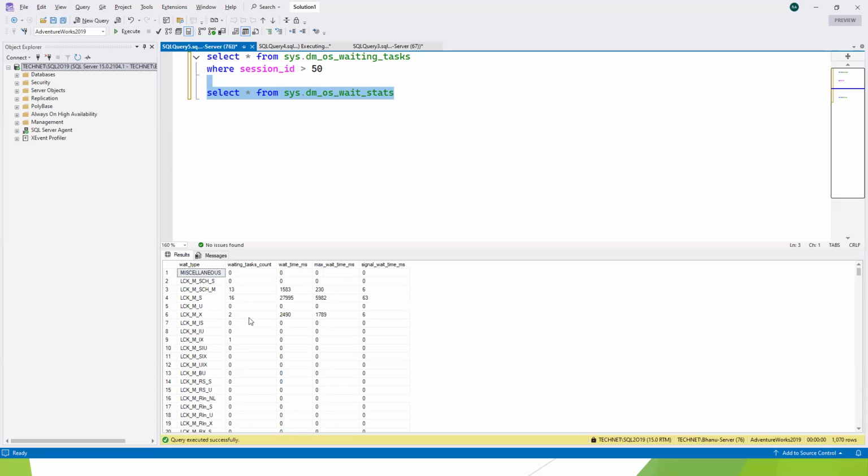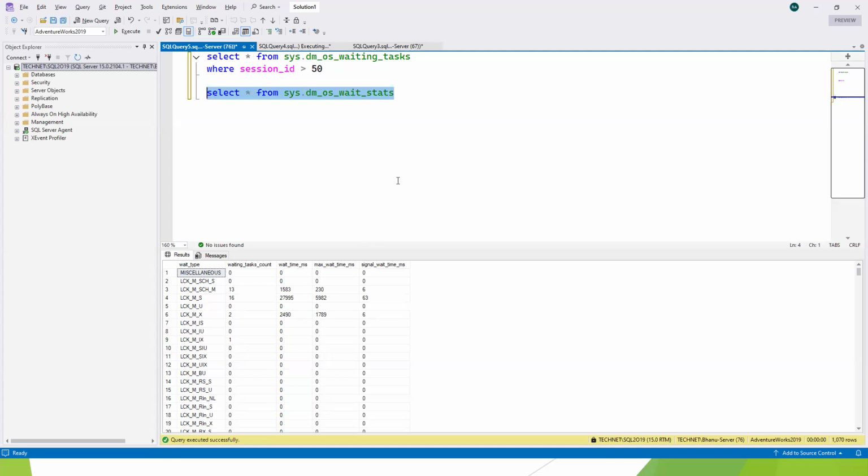Suppose you want to go back and see the history of the top wait resources since my SQL service was restarted, this is the place where you can check the history of my wait types or wait resources. It doesn't have a session ID and all. Session ID is only for the particular currently executing task, right?